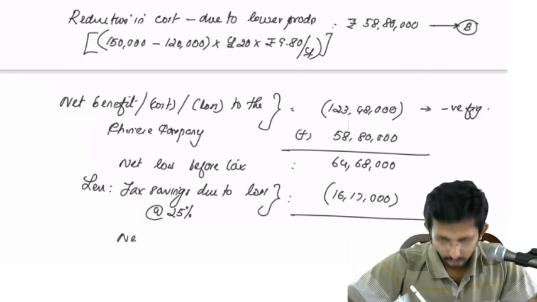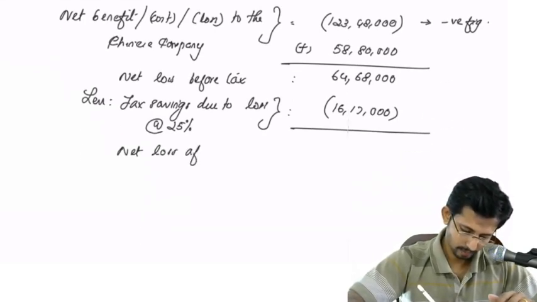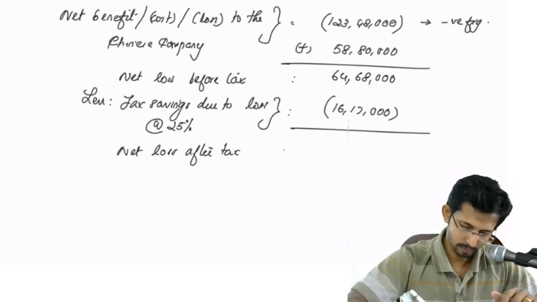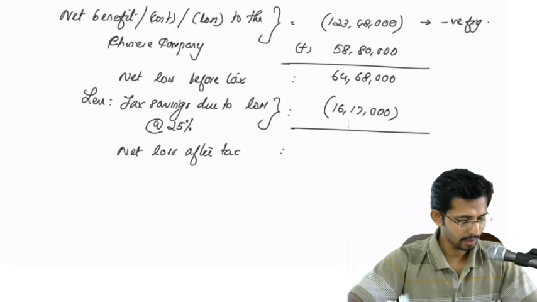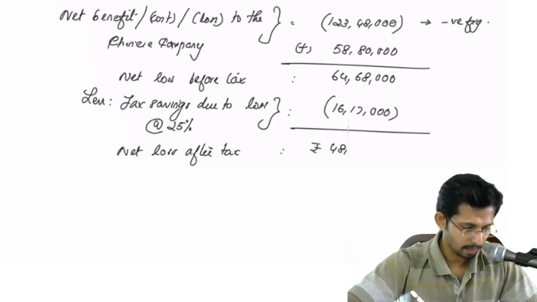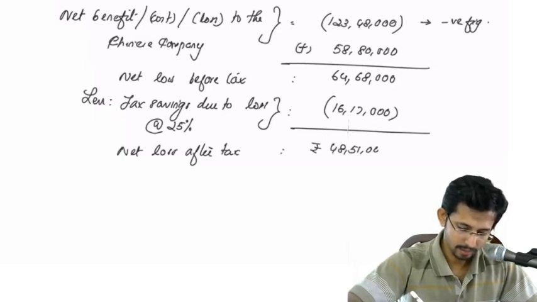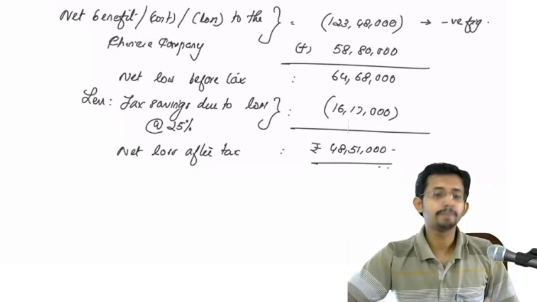So net loss after tax, 64,68,000 minus 16,17,000, that is 48,51,000. Is it clear? Okay.